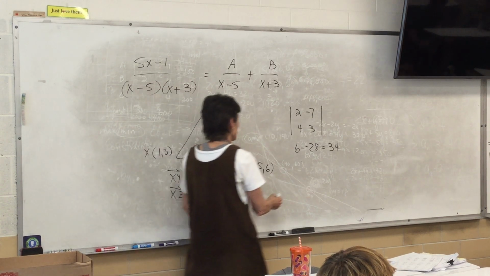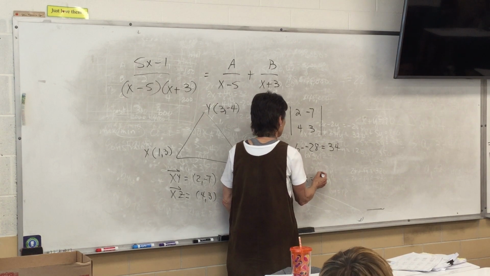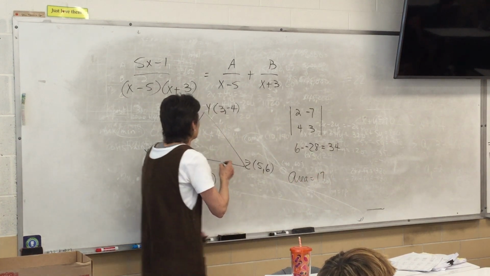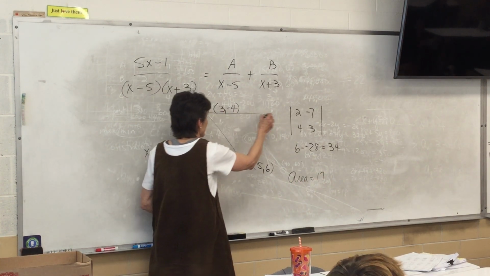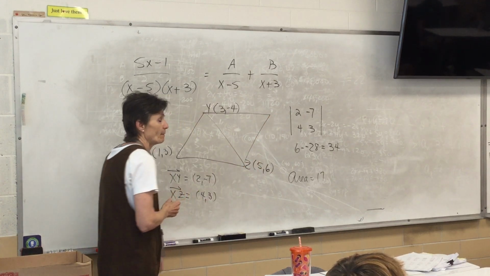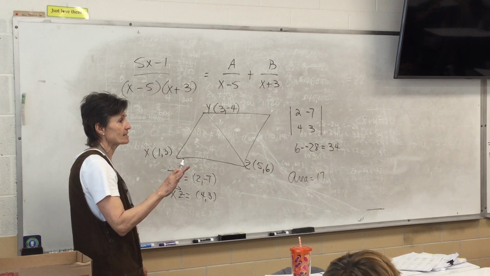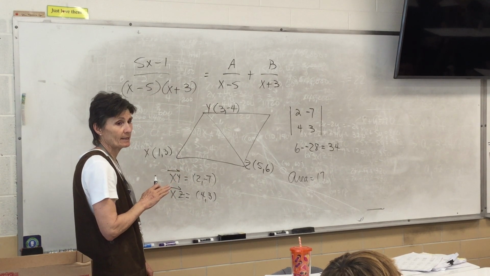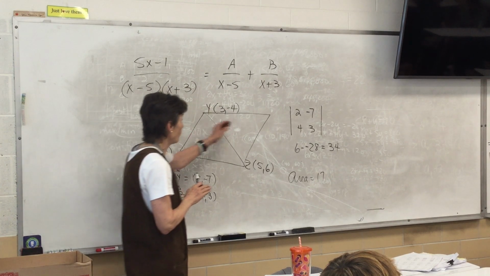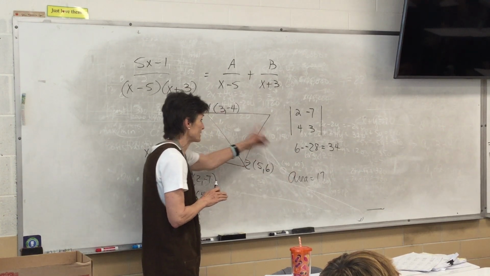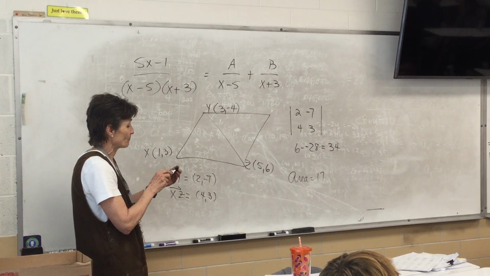Divide by 2. And the area of a triangle would be 17. But it's not. If we had a parallelogram, we could do exactly the same thing, except we wouldn't divide by 2. The whole thing would be 2 of those 17, so it would just be 34.